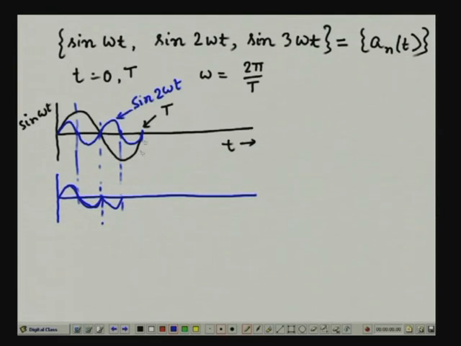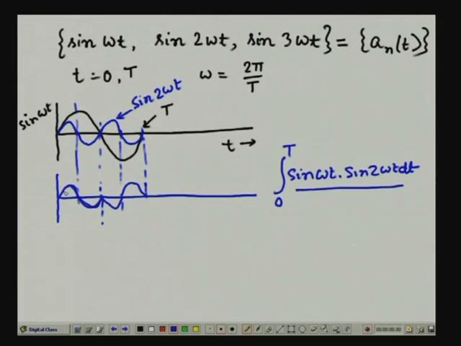In this particular region, both sin omega t and sin twice omega t are negative, so the product is going to be positive, and it will be of this form. Now, if I integrate sin omega t into sin twice omega t dt over the interval 0 to capital T, this integral is nothing but the area covered by this curve.